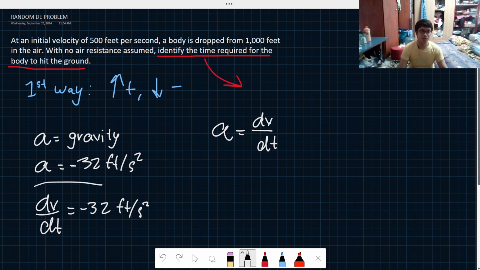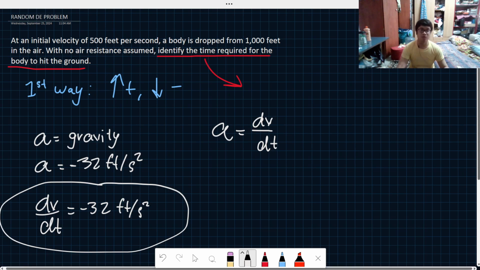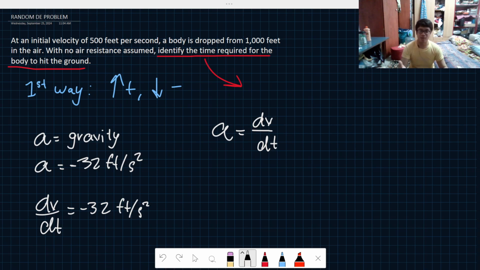We need to find your velocity formula. Why do we need to find the velocity formula when what we actually need is the displacement formula? Well, assume that you have already found the formula for your velocity.